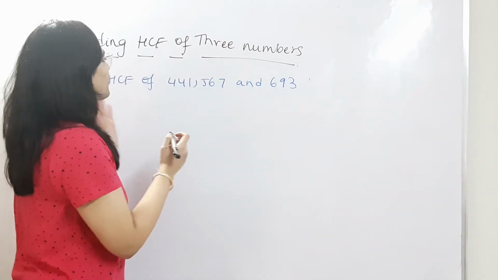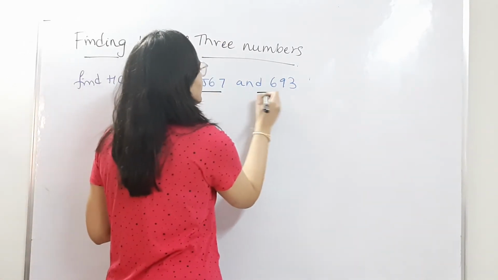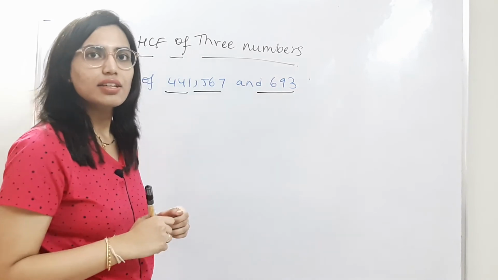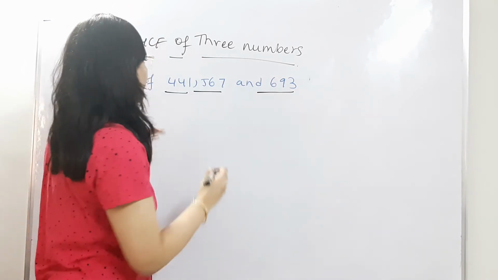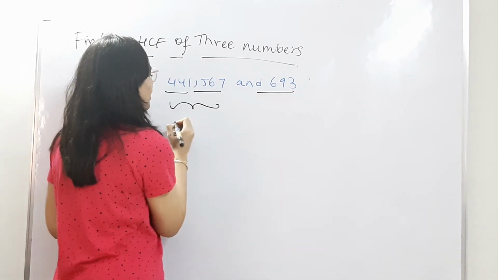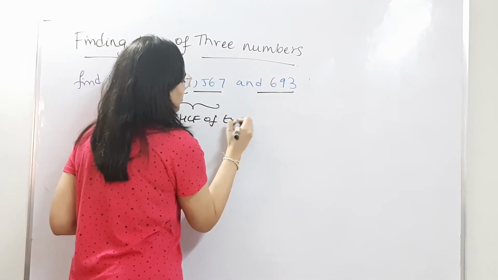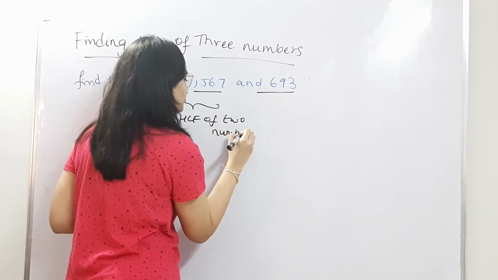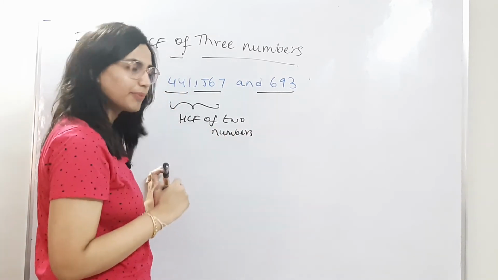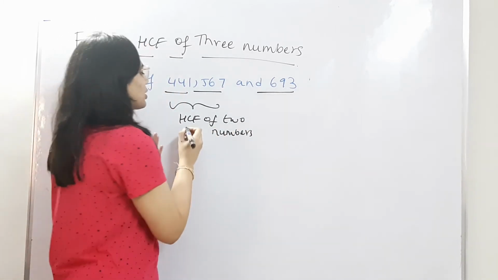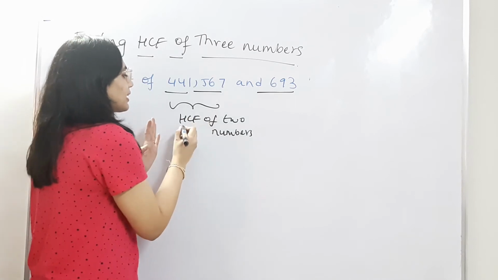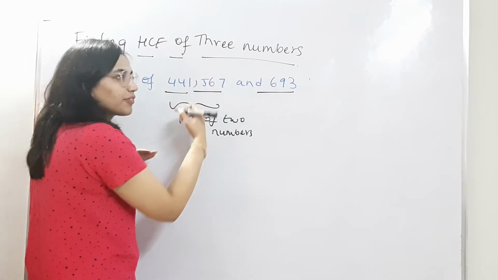Here, I want to find the HCF of 441, 567 and 693. What you need to do is, you first have to find the HCF of 2 numbers out of the lot. Any 2 numbers for that matter. Then you will apply the result obtained after finding the HCF.